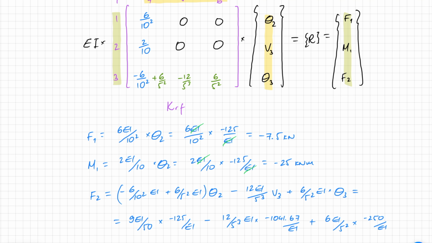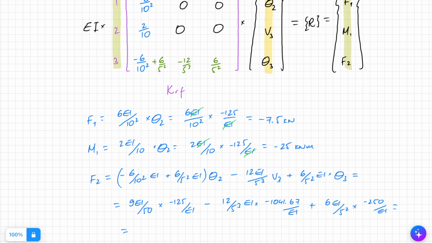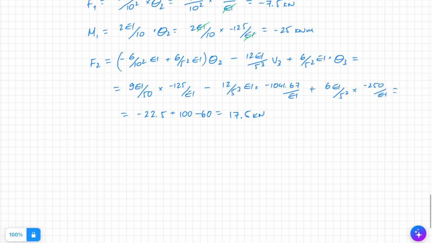If I calculate it and cancel out the EIs, that gives me minus 22.5 plus 100 and minus 60, which gives me 17.5 kilonewtons. And that's it. We have found all the reactions. So F1 minus 7.5, M1 minus 25, and F2 17.5.